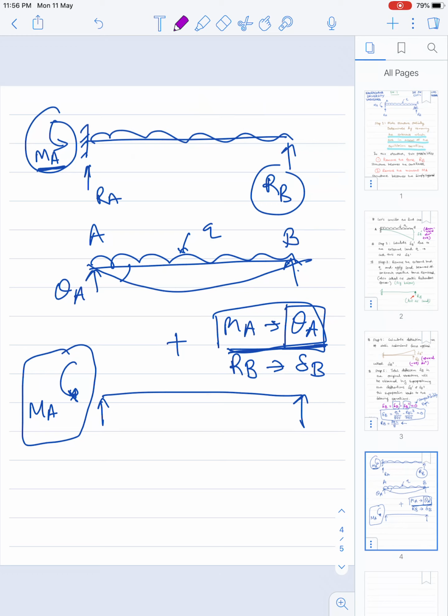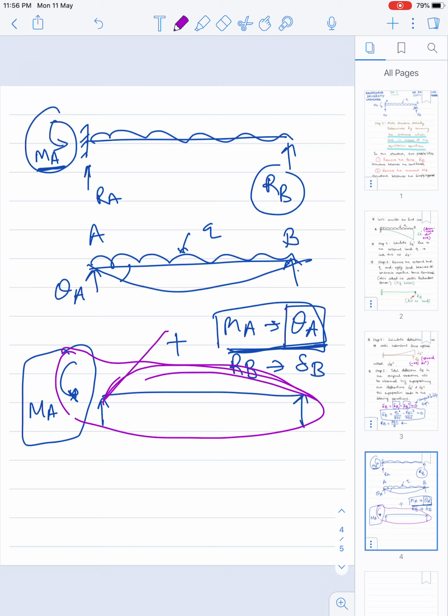Under this moment, this particular beam will have rotation in the opposite direction. So let us call the original rotation theta A, this theta A dash, and this theta A double dash.